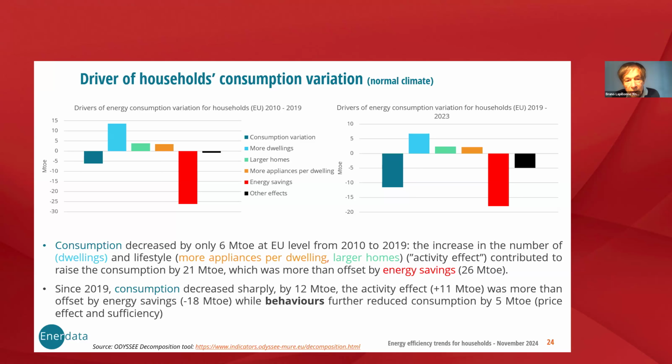And this was more than offset by energy savings, minus 18 million ton oil equivalent, and behaviors, which is shown in black, which represent the effect of people reducing their consumption, mainly because of price effect or sufficiency measures that were promoted, especially since the situation in Ukraine and the tense situation on the supply of gas.